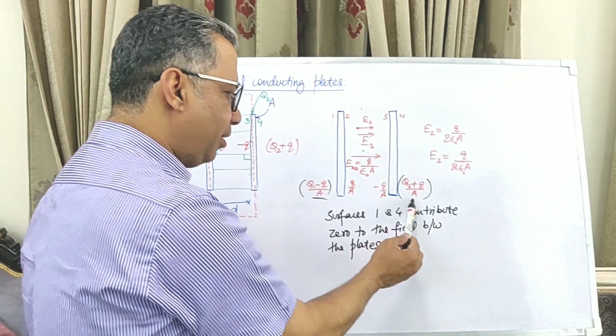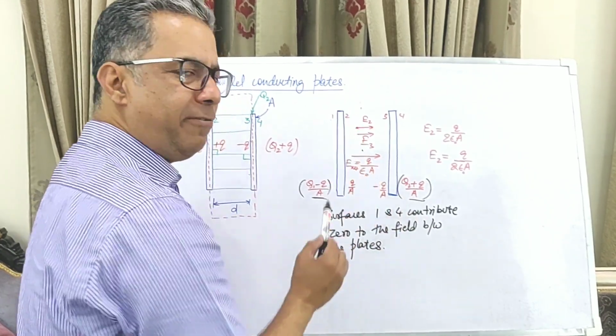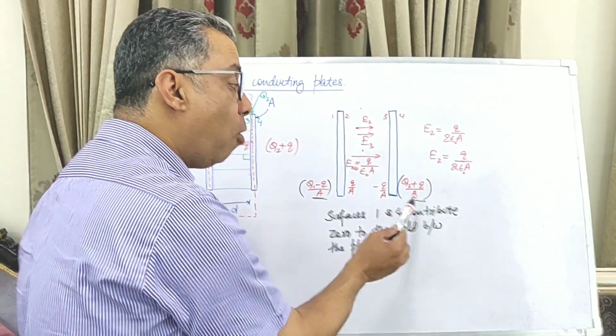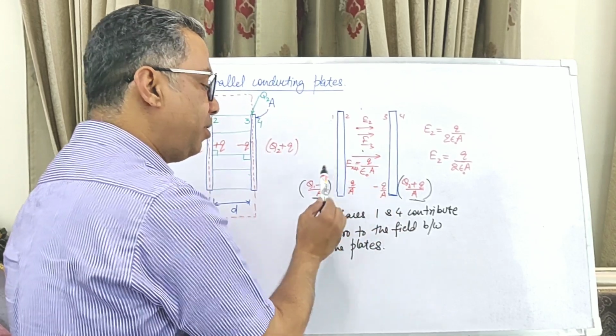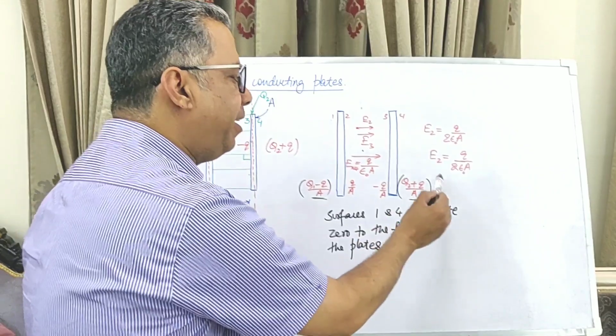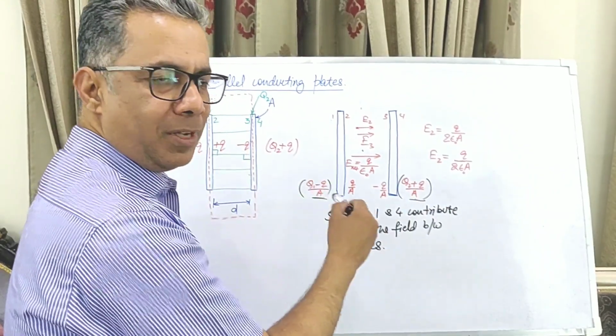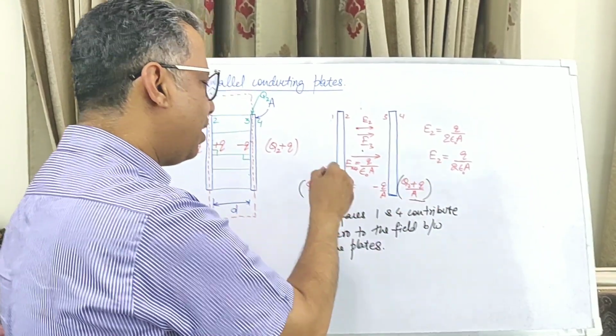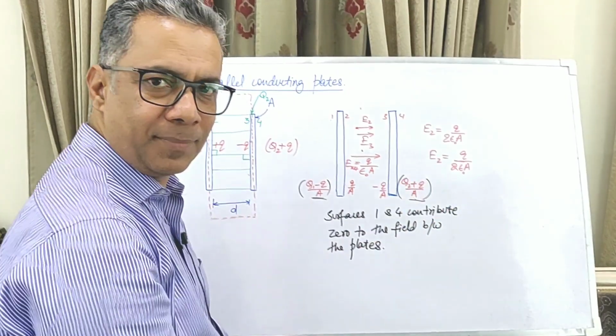And if their fields are equal and opposite, their sigma must be equal.